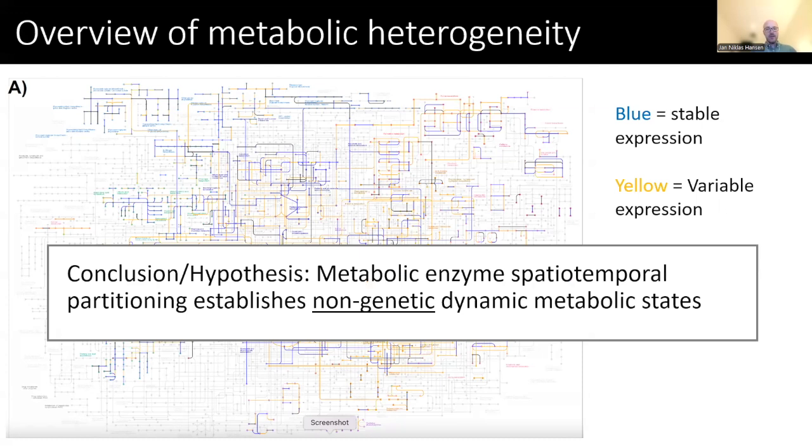And we conclude that metabolic enzymes spatiotemporally partitioning establishes non-genetic dynamic metabolic states, so that basically in this information on the protein level about varying protein levels, there's even much more determined information for the cellular state than on the genetic expression level.